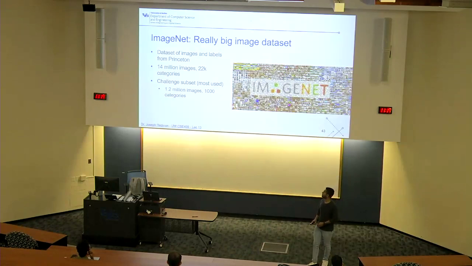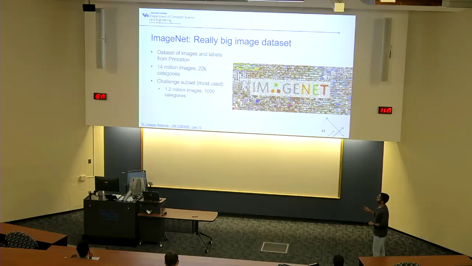It's a data set that has a lot of images and they're all labeled. There's a whole bunch of categories, and they also had a challenge that they used to run where a subset of that was used that had 1,000 classes. And the task was to learn to classify for the 1,000 classes using 1.2 million images.